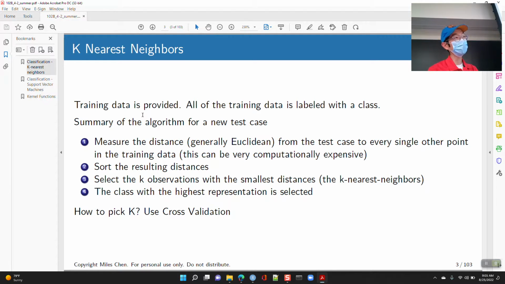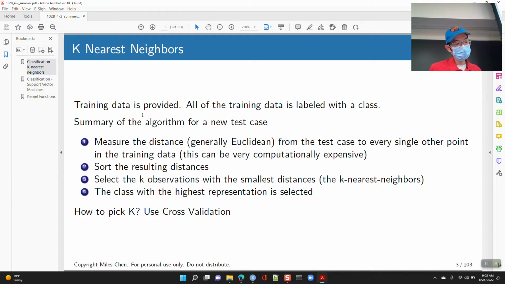Then when you get a new test case, the first thing you do is compare this test case to every single case in your training data. You measure the distance, usually Euclidean distance, from your test case to every single other data point that you have.